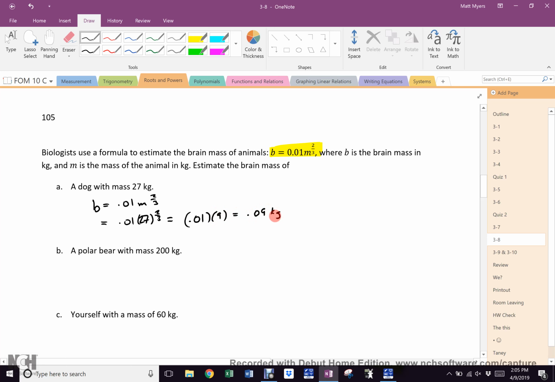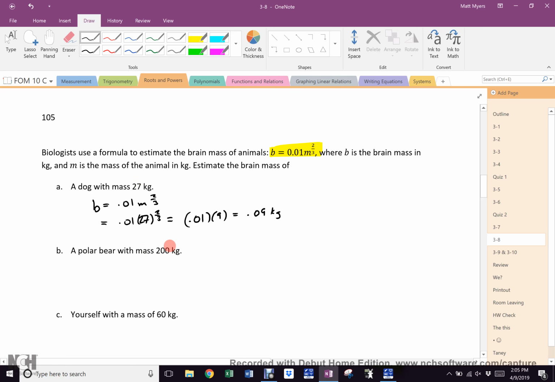Easy peasy. We can do that one in our heads because it works out, like the first few questions we did, yes? Now, in reality, do animals always have perfect squares and perfect cube masses? Of course they do not.